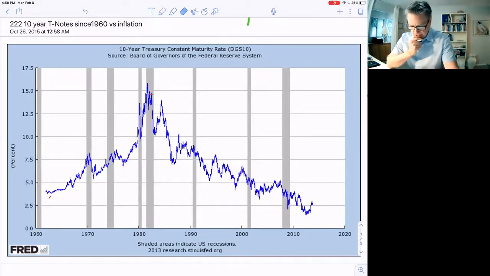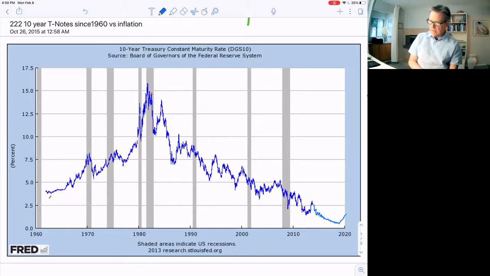When I took a screenshot of this, it was 2015, but I'll extend it out here a little bit. It's kind of gone down much lower. It was down to about 0.5% not too long ago, and then it started to go back up a little bit to where last time I looked it was like 1.1%.